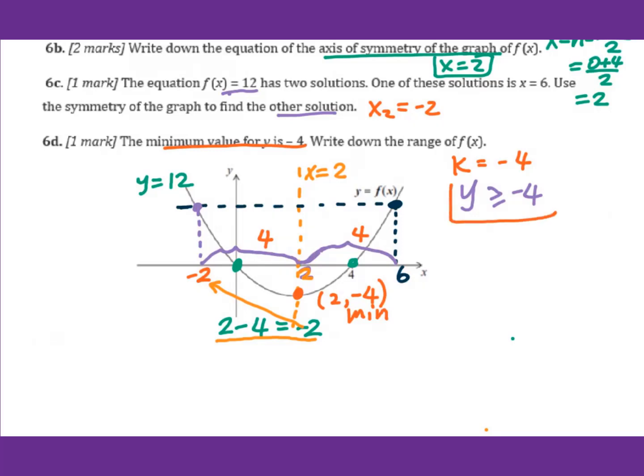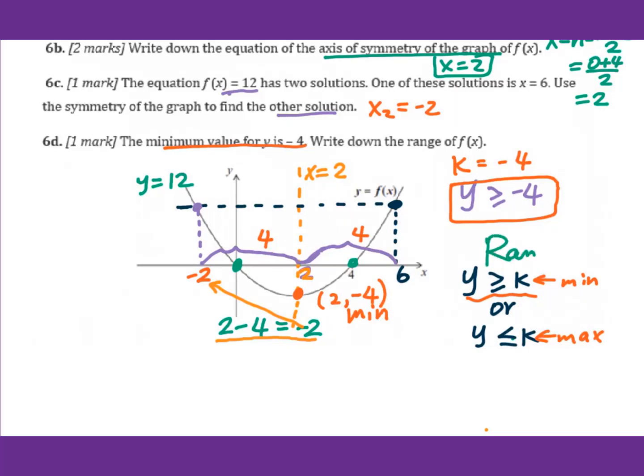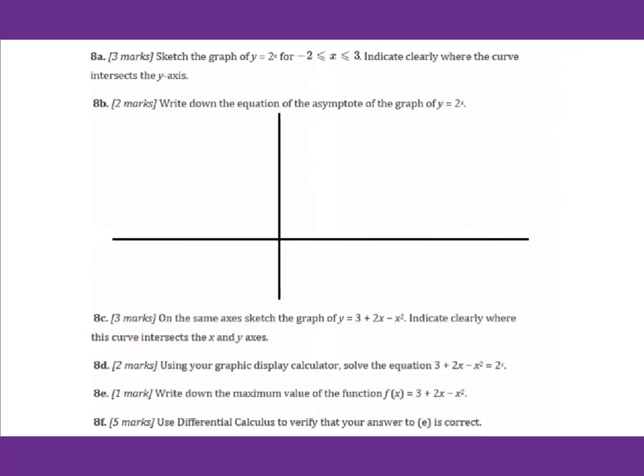This will be range. For the quadratic function, either you have y greater than or equal to k, or you have y less than or equal to k. When k is a minimum, we use this. When k is a maximum, we use this for the range of a quadratic function.